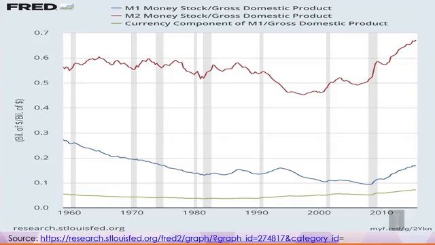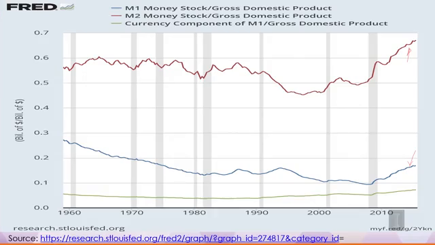If one looks at currency, it adds up to about 7 to 8% of GDP. If you add checking account type money, the total of checking account and currency together adds up to about 17-18% of GDP. The big chunk of money that people hold is near money, which is part of M2, as I mentioned before. And if one looks at M2, it's close to 65 to 70% of GDP nowadays.